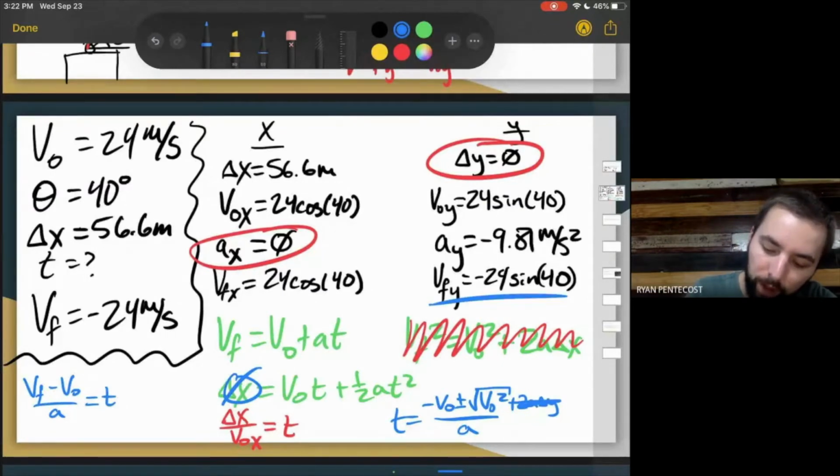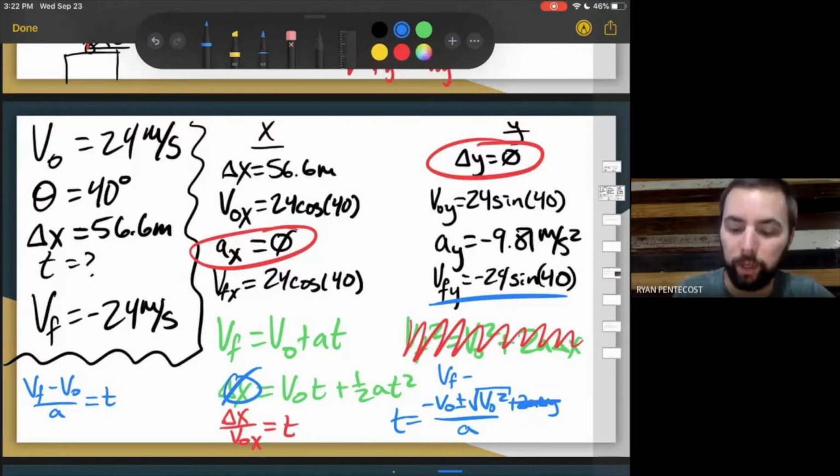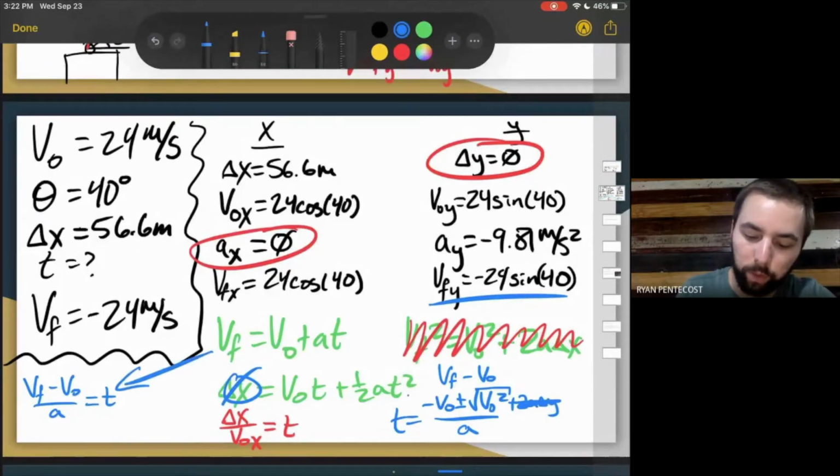So we would have V final, we would have to do a minus, because if we did plus, you've got negative 24 sine 40 plus 24 sine 40, that's 0. So that would be VF minus V naught over A. So once you do this problem or this problem, you're going to get VF minus V naught over A equals t.